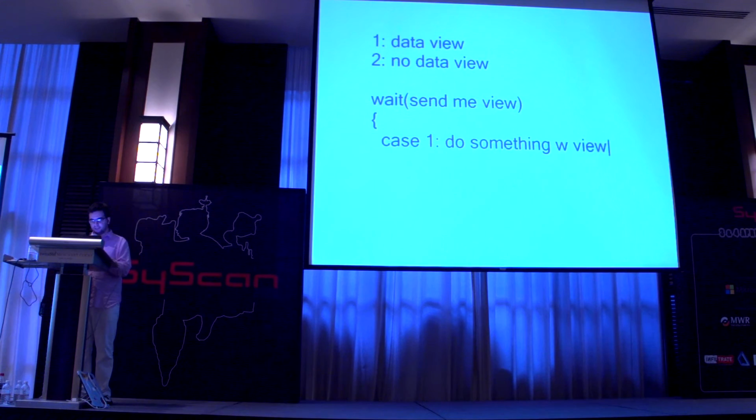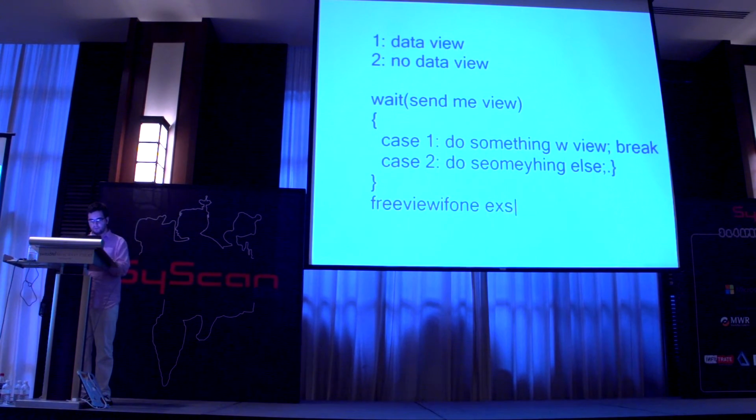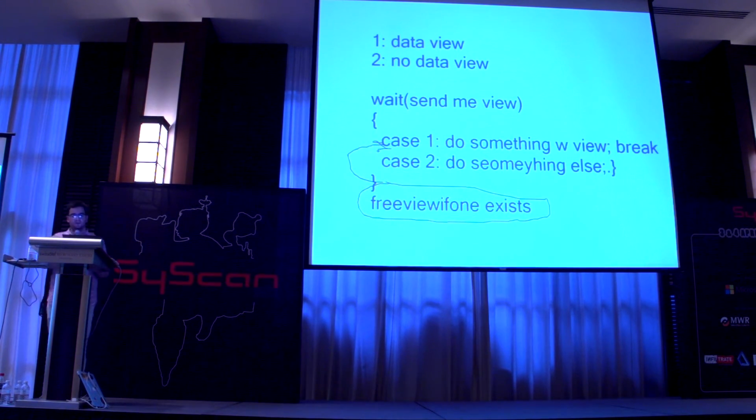And if I receive message 2, then I'm going to do something else. And if I'm smart, I'm then, after I do all this, free the view if I got one. All right. Well, if I'm not smart, I'm going to free the view only in case 1. Right? I'm going to say message type 2 never receives views, and so I don't have to free them. So that would be an example of a bug.